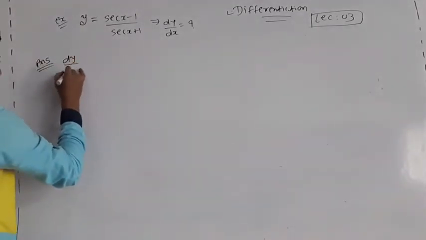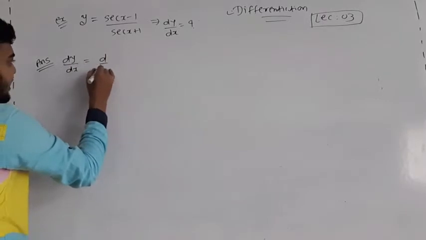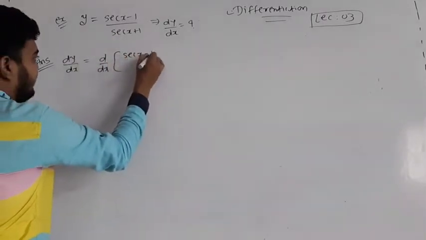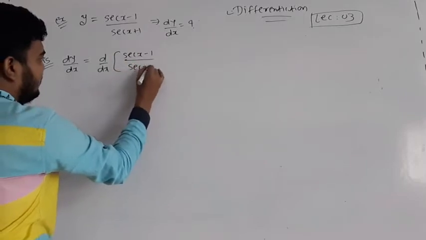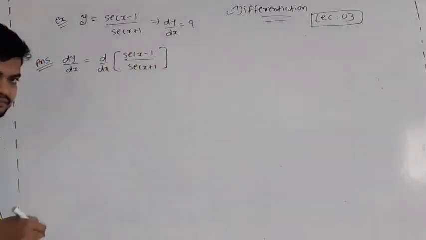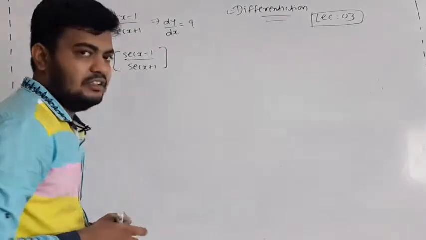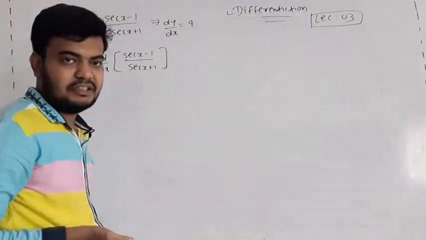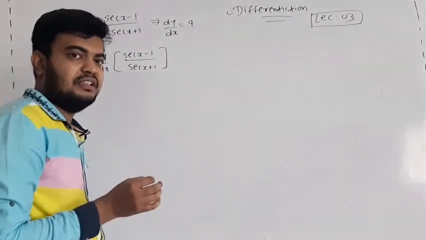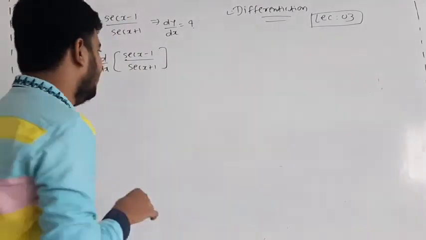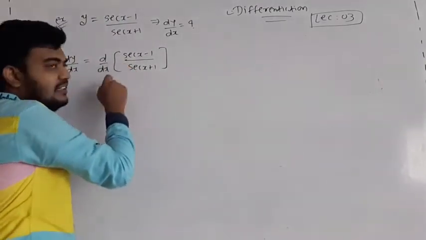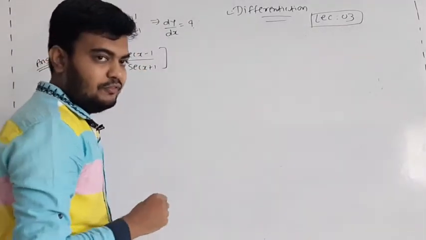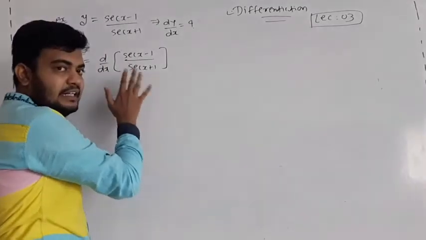So dy by dx is equal to d by dx of sec x minus 1 upon sec x plus 1, putting the value of y. In the previous lecture we discussed that if there is a division or multiplication rule, then apply that type of rule first. Here there is a division sign between sec x minus 1 and sec x plus 1, so first we apply the division rule.